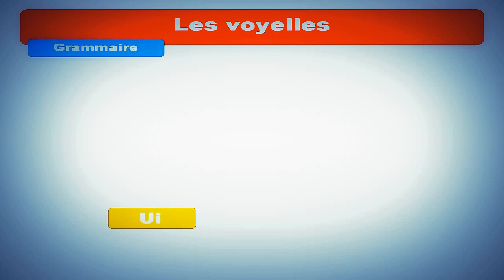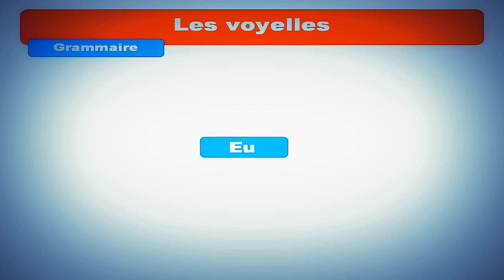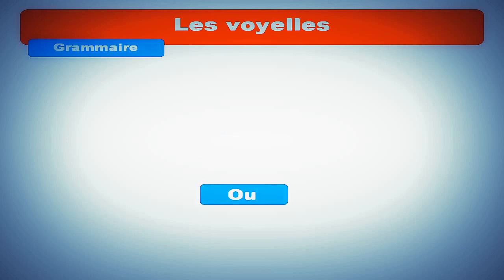Ui, repeat. Ui. Nothing, of course. Then, if we combine them with U, we get the sound O. Repeat. O. Okay, and then E. Repeat. E. Of course, nothing there. U. Repeat. U. Nothing and nothing.